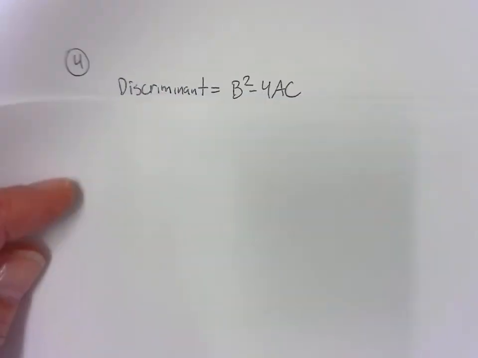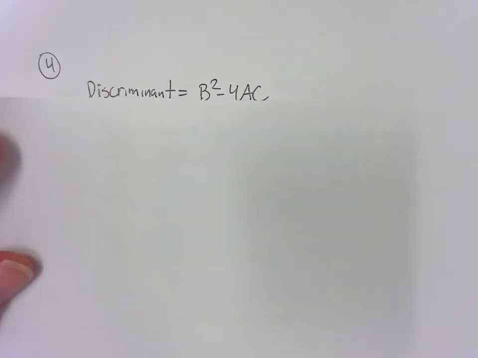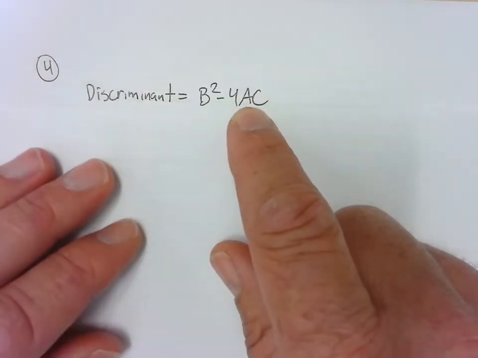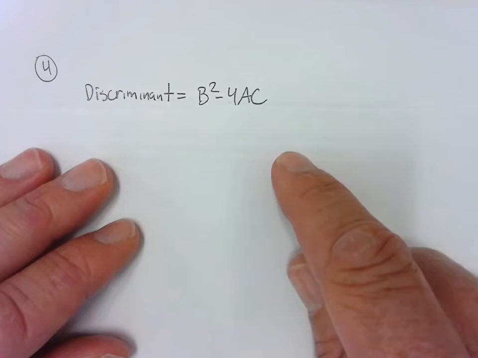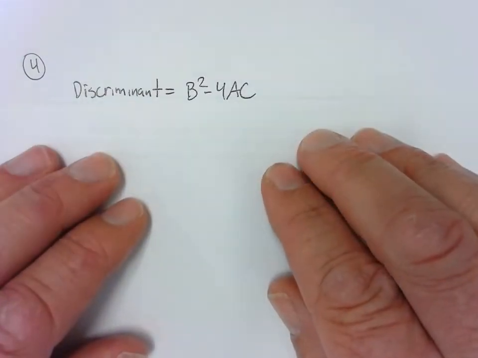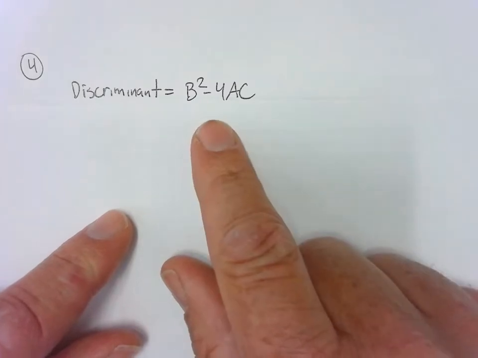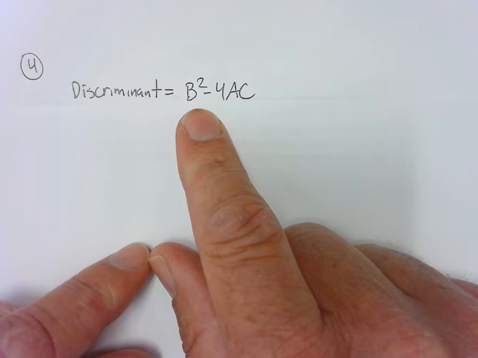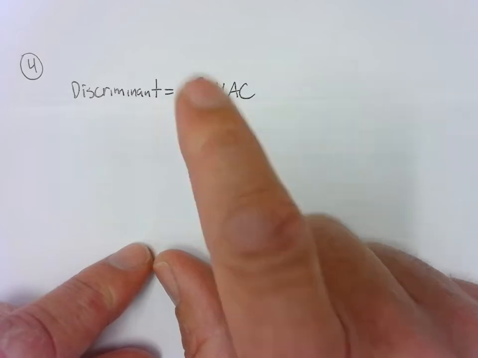The next question is the story problem from the practice test, where you do the discriminant on the quadratic that's in the story problem. A positive discriminant means that it works, and a zero discriminant means that it works, but a negative discriminant means it's imaginary and doesn't work.